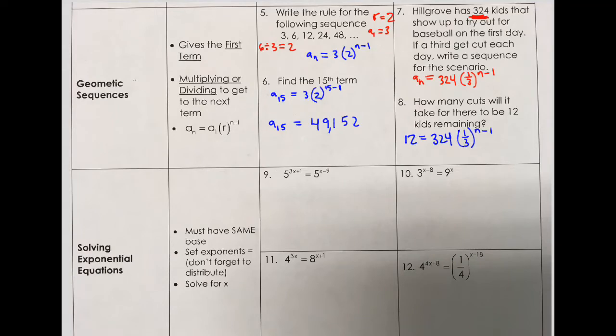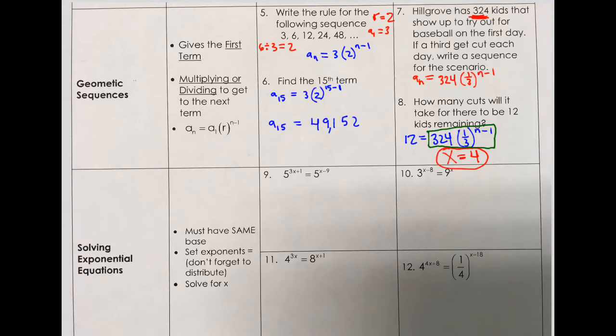And then when you find that, you're going to discover that x is equal to 4. So again, the part that you're putting in the calculator is this part, and we should all know how to do that already because that's what we showed you guys. In the table, you're putting 324 multiplied by 1/3 to the n minus 1 power. Scroll down on your calculator until y is equal to 12, and that's going to tell you what x is equal to, and x is equal to 4.